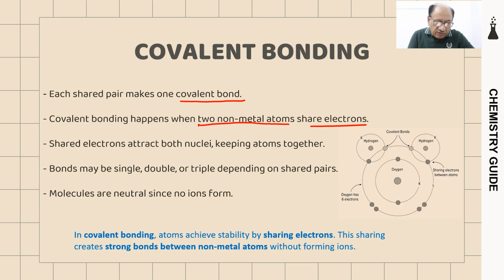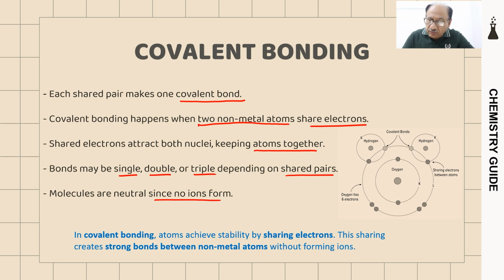Shared electrons attract both nuclei, keeping atoms together. Bonds may be single, double or triple covalent bonds, depending upon the shared pairs. Molecules are neutral since no ions form.